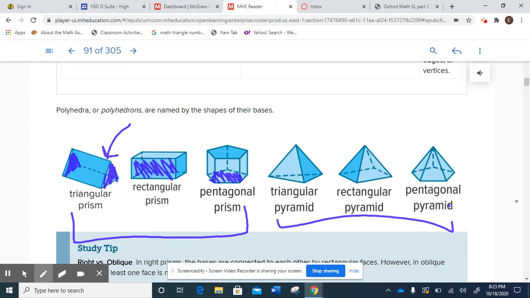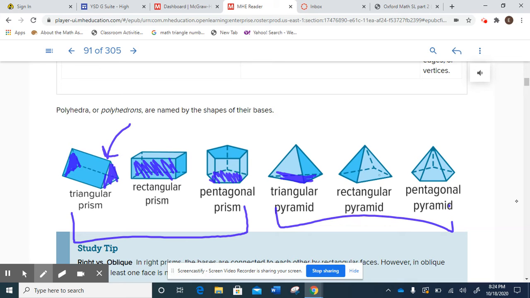The three ones over here are all pyramids, and you name them based off of their bases too. And there's no way a pyramid can have a base that's other than it being on the bottom. It has to be on the bottom if it's a pyramid, or else it would just look upside down.